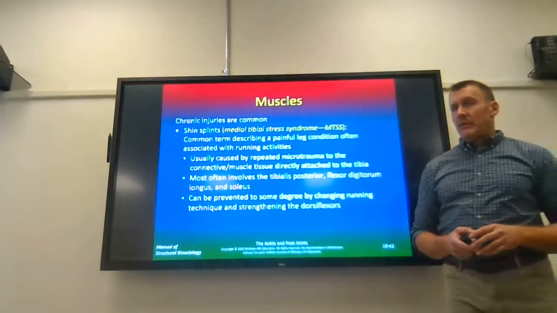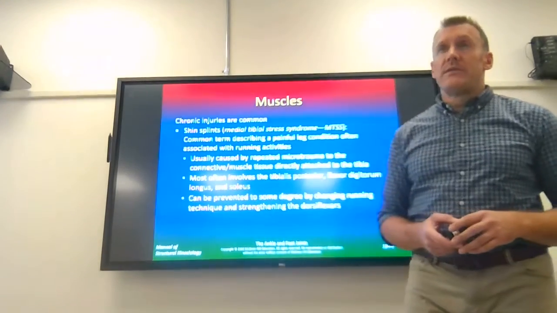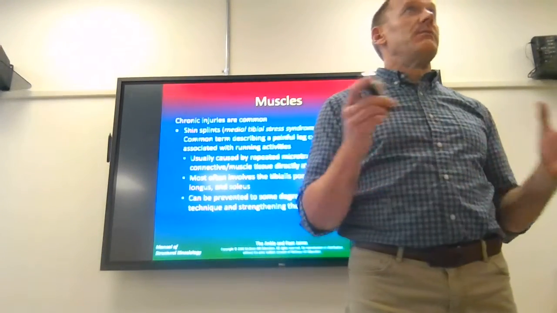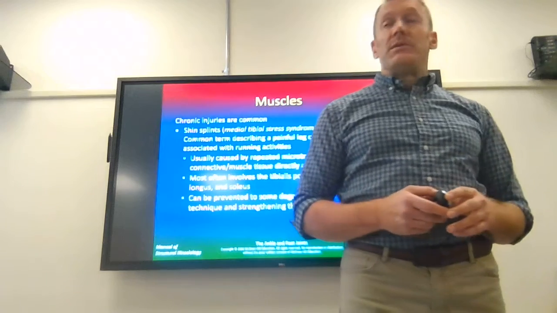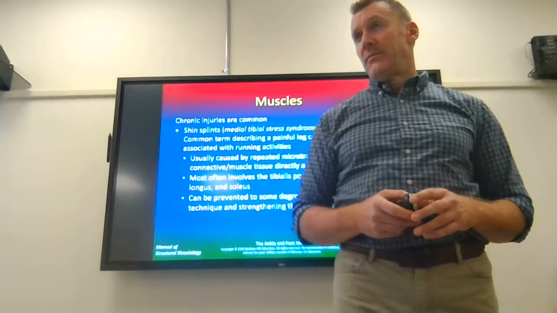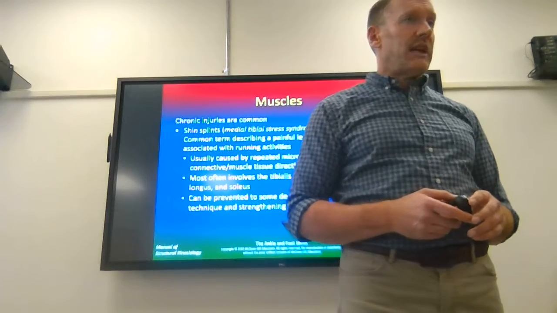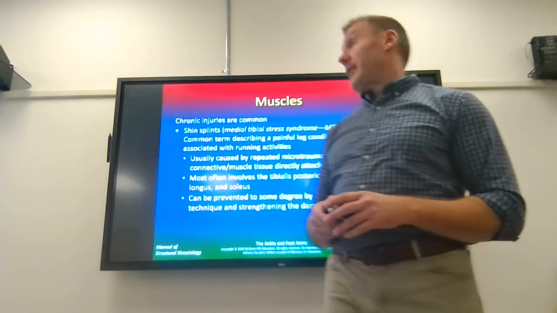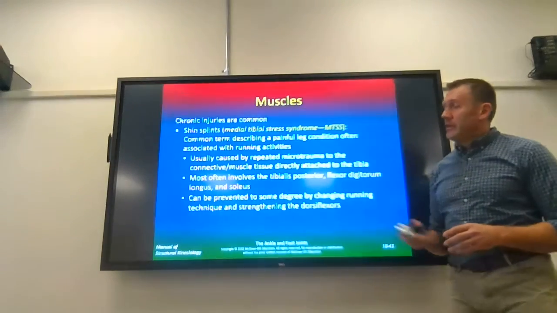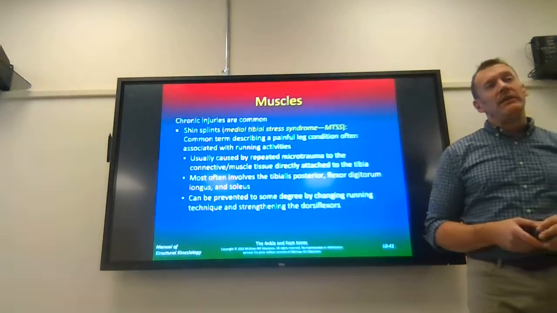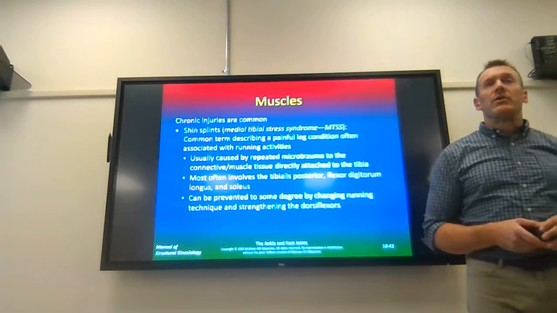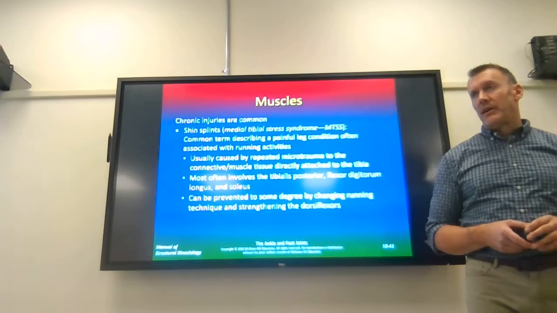We have lots of muscle mass that contributes to plantar flexion, but relatively little that contributes to dorsiflexion. So getting a little more balance there between the plantar flexors and dorsiflexors can sometimes help.